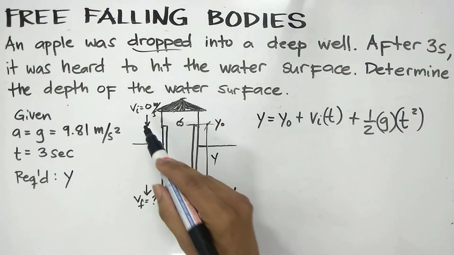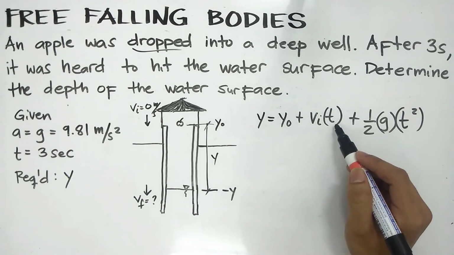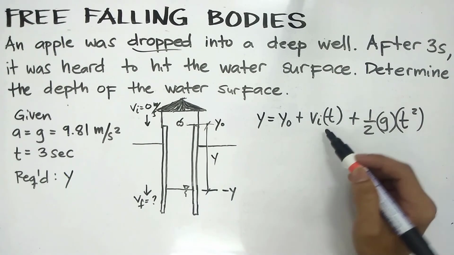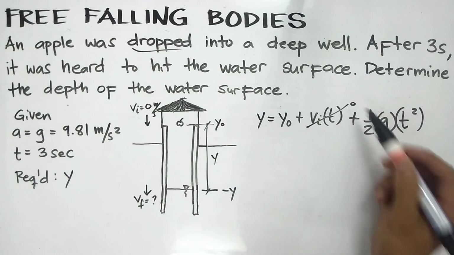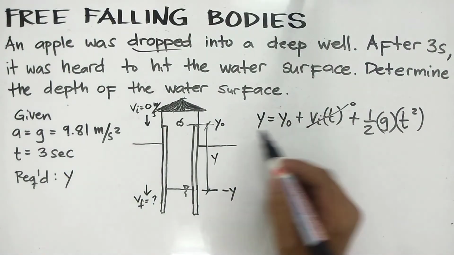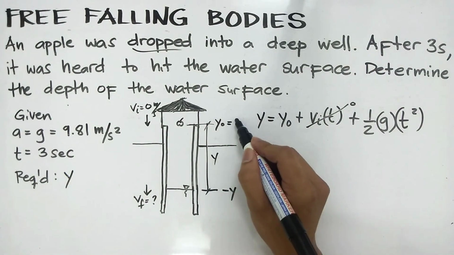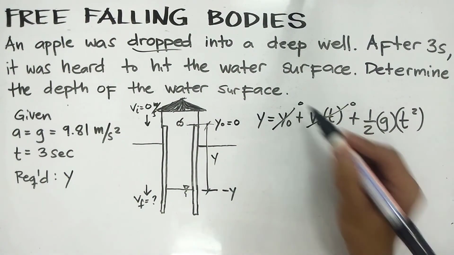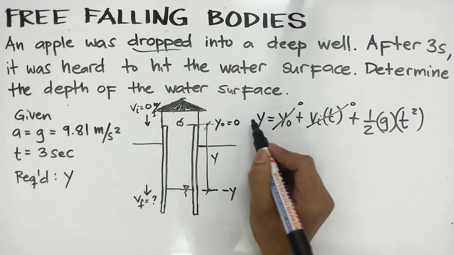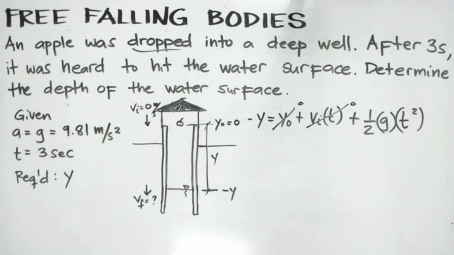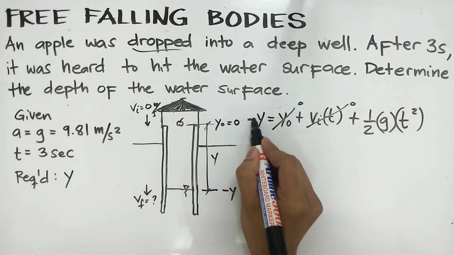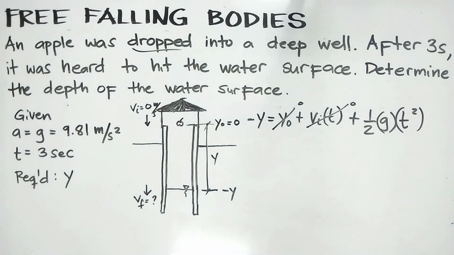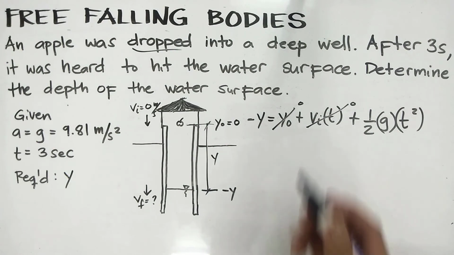Since our initial velocity is equal to 0, any number that we multiply by 0 will just be equal to 0, so we can cancel that one. Let's reference this as our initial position. Let's just say that this is 0. Let's write negative here so that we can designate it to be below the initial position, just for the direction.